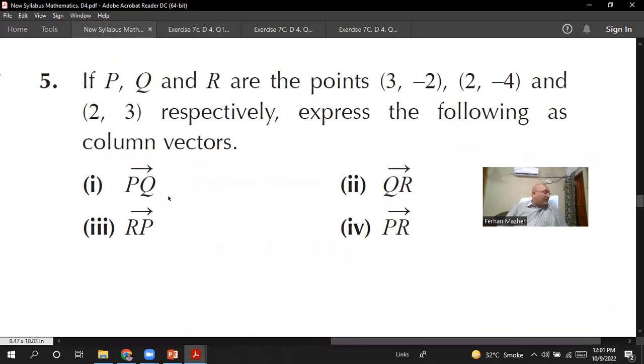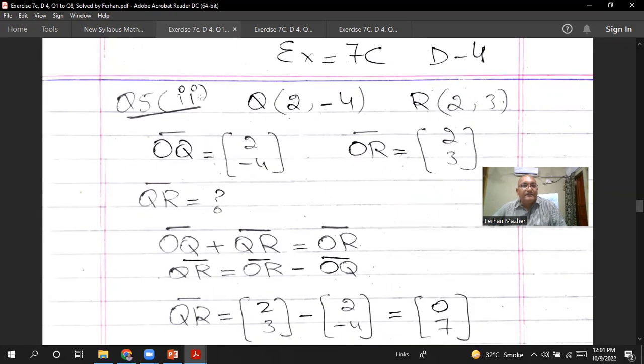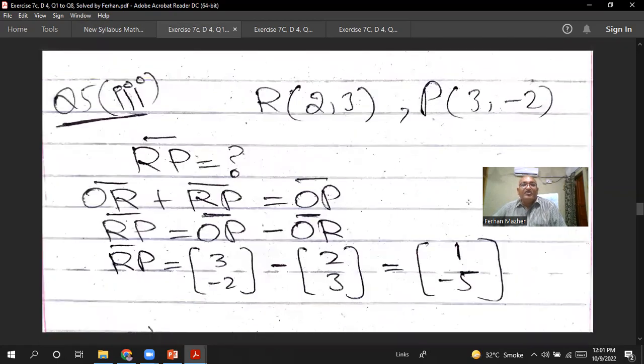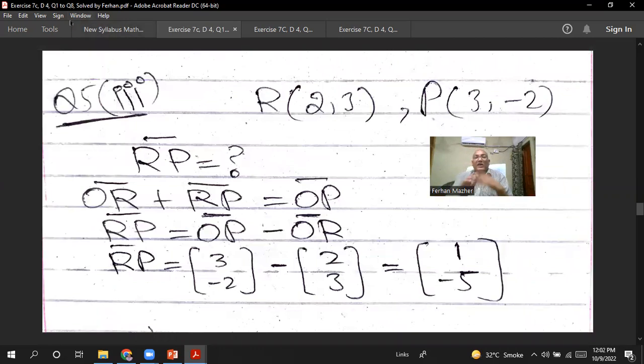Then we have to find out the value of RP. Okay. So we know the coordinates of R, they are (2, 3). We know the coordinates of the point P, they are (3, -2). So it means I know the value of OR, that will be in column vector form (2, 3), and OP, which is the position vector of the point P, that will be (3, -2).